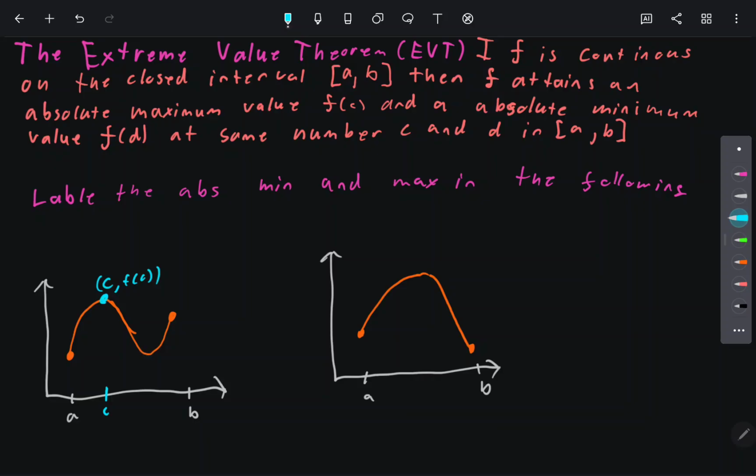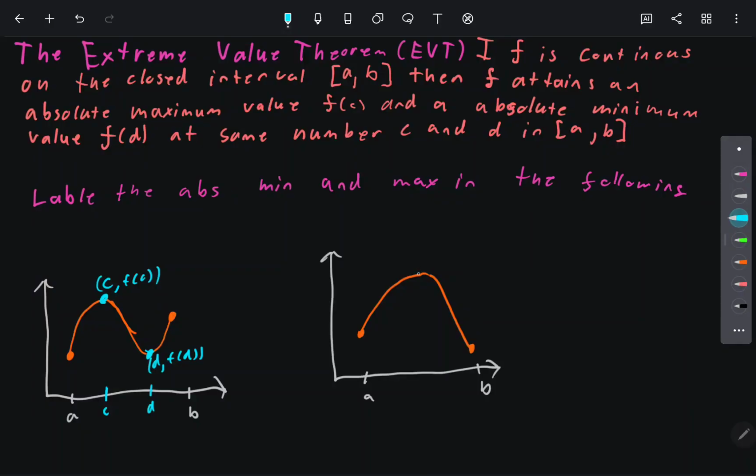And then we're going to come down over here to this minimum. It kind of looks like it may not be the minimum, but I think it's supposed to be. So we're going to call this point d, f of d, and that would be our answer for this first one.